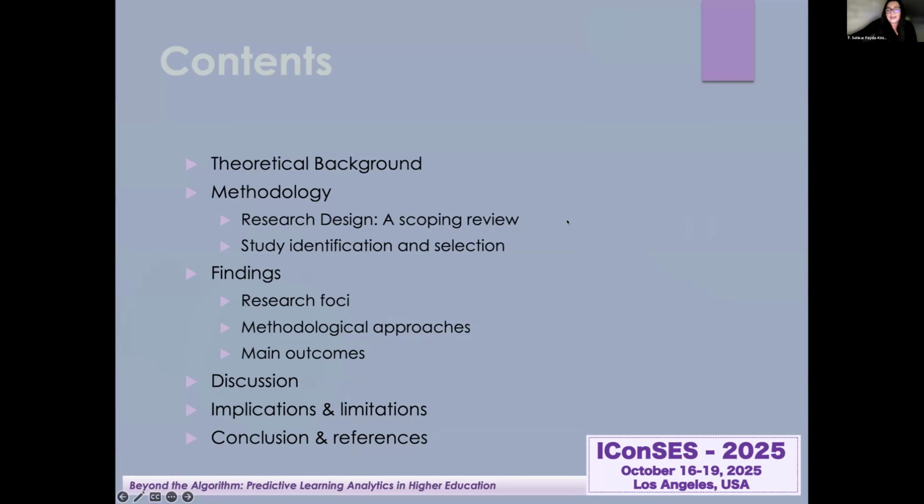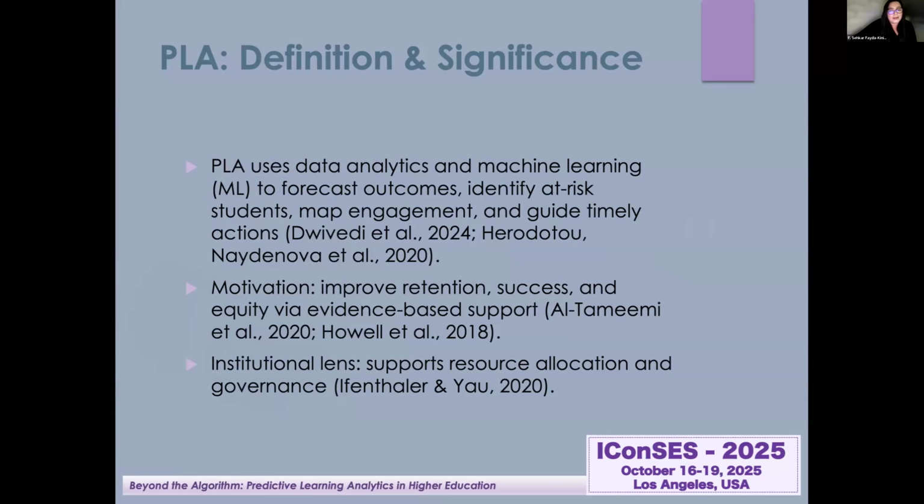I will briefly talk about the theoretical background of the issue, predictive learning analytics in higher education, and the methodology in scoping review, and then my findings and discussion, as you see. So, as you may guess, predictive learning analytics generally uses data analytics and machine learning, which is very common and popular after COVID-19.